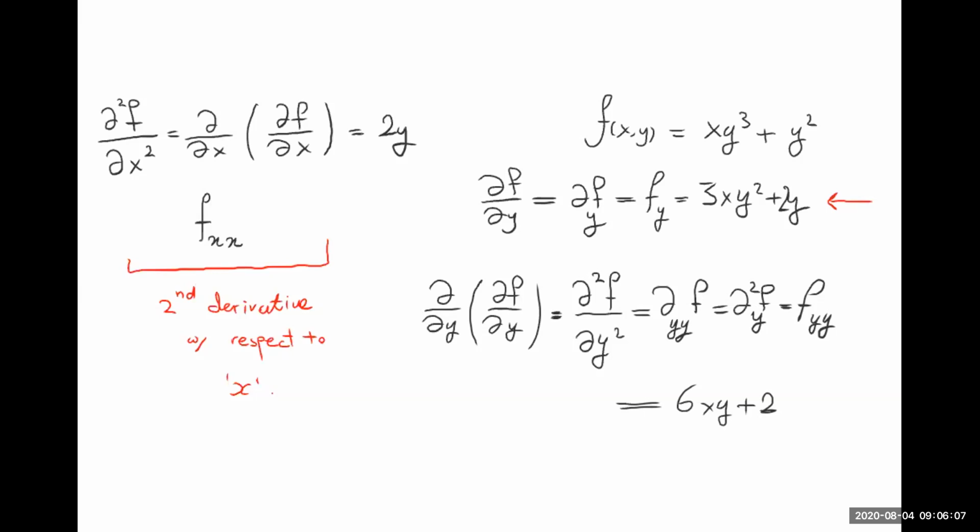Now, we might have so-called mixed derivatives. It means we might take the derivative with respect to x, then we might take the derivative with respect to y. So again, let's say f of x and y is x cubed y squared plus x squared y.